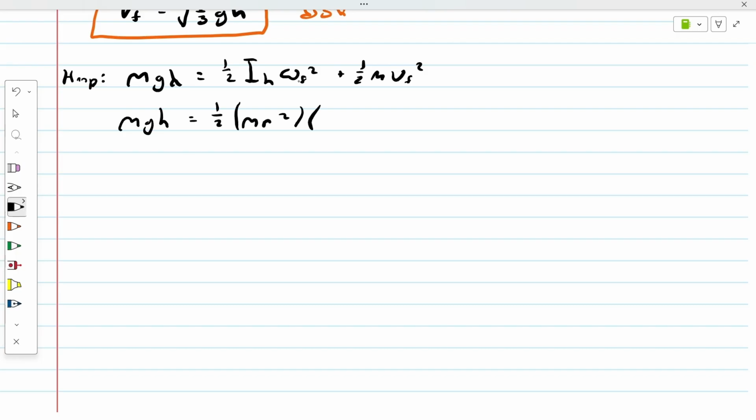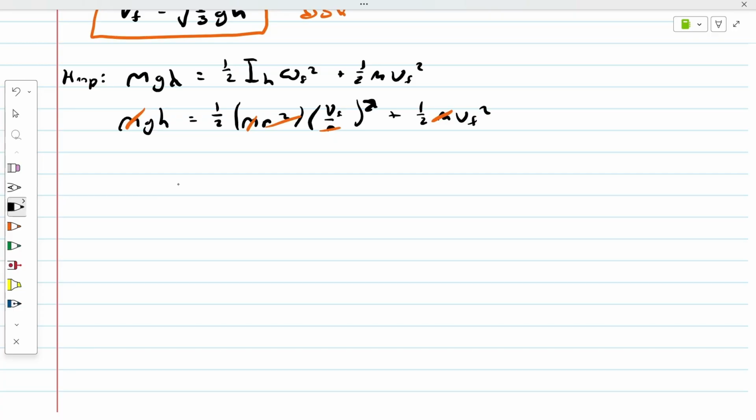And we can do the same thing with this final angular velocity and just say it's the velocity over the radius squared, because it's also rotating without sliding, plus 1/2 mvf squared. And so now we'll get a bunch of things to cancel out. So the masses cancel again. These radiuses are going to cancel.